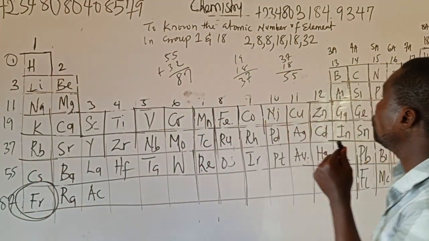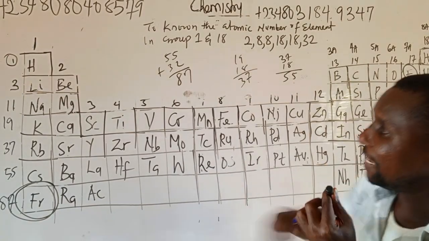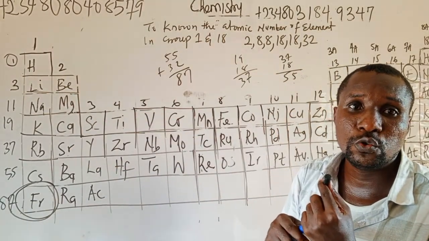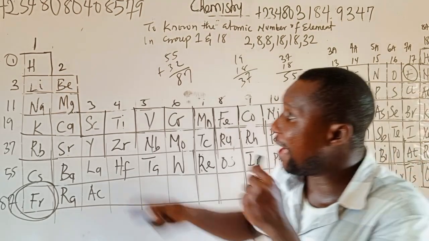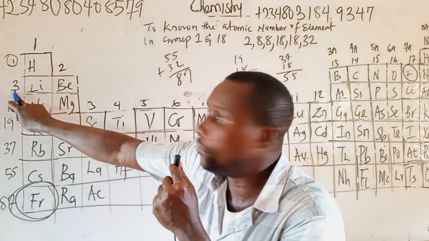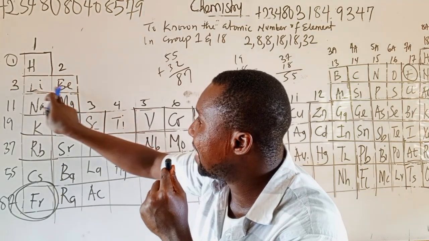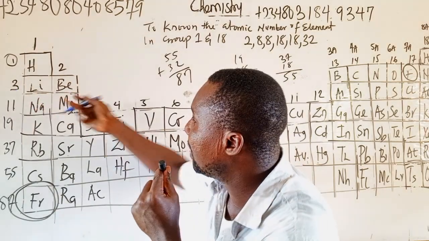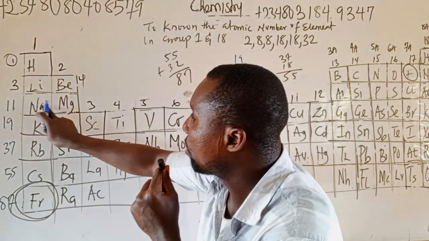Then for group 2, just add 1 to the group 1 element. To get atomic number of beryllium, add 1 to atomic number of lithium. That will give you 4.